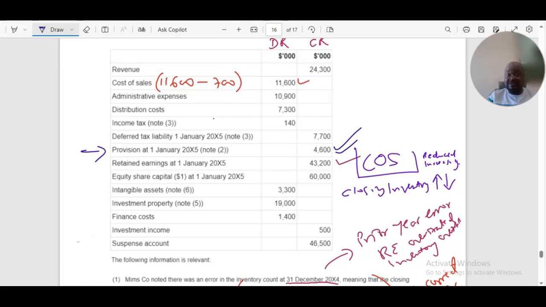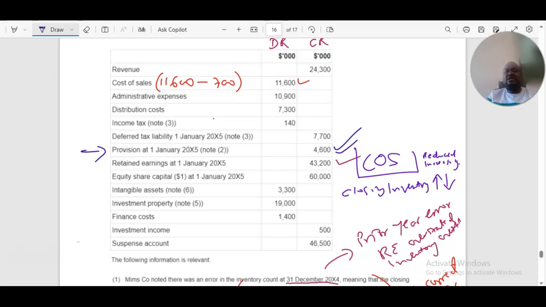You might discover that sometimes students come up with a statement of profit or loss with an item for provision when we know that the provision has been settled. That type of confusion annoys examiners.